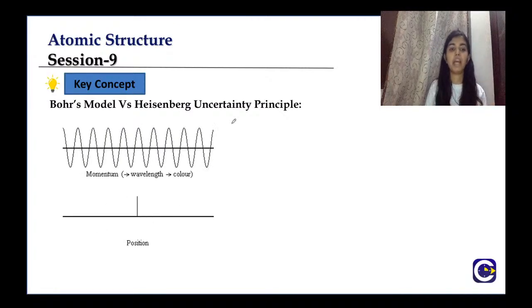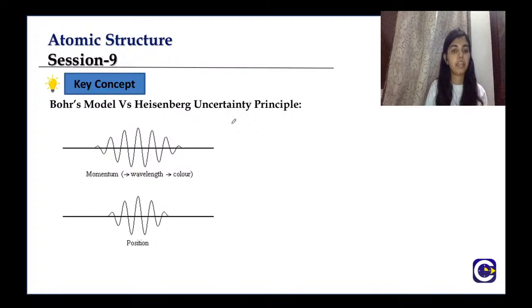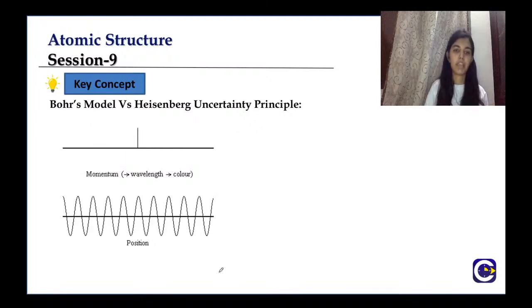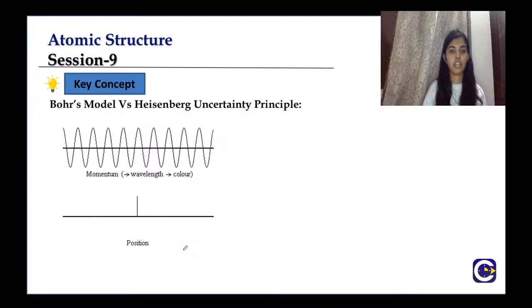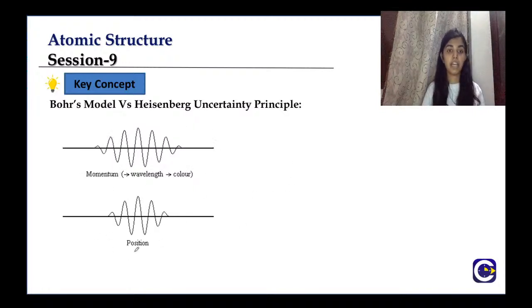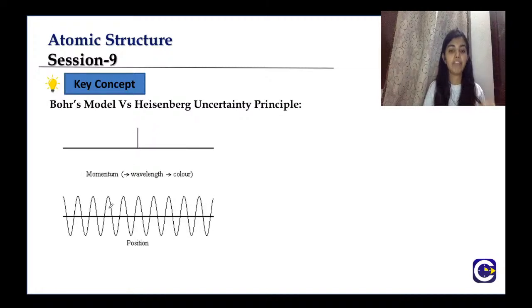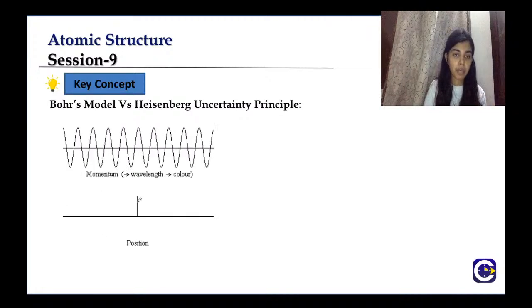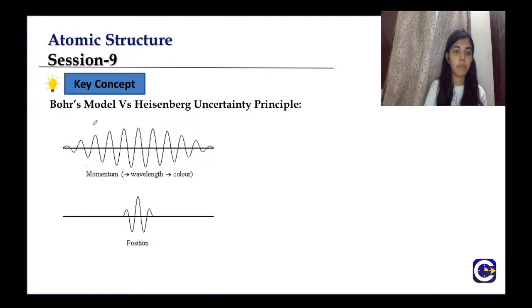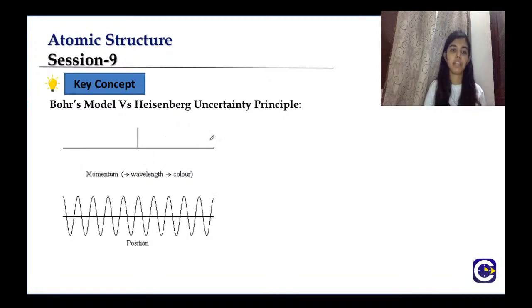If you find out the momentum accurately, the position will be inaccurate. Can you see here? If momentum is precise, then position is variable, it is having uncertainty. And if you are measuring the position accurately, what will happen? Momentum will have a variable value and vice versa.